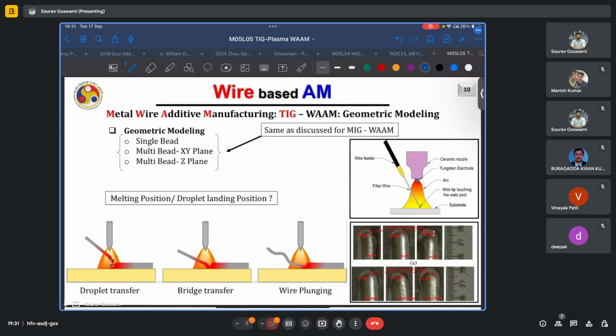Will it be this wire plunging type phenomenon where the wire is being fed at a very high velocity such that it does not have enough time to melt, and it is colliding with this molten melt pool while still being in solid or semi-solid state?